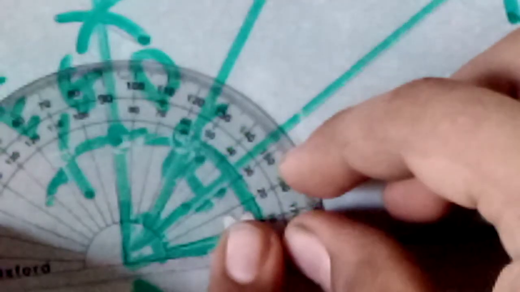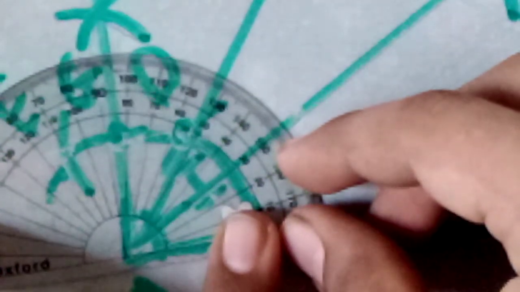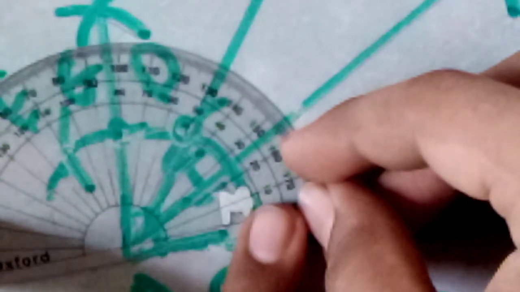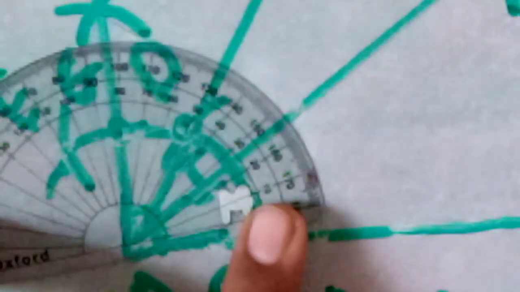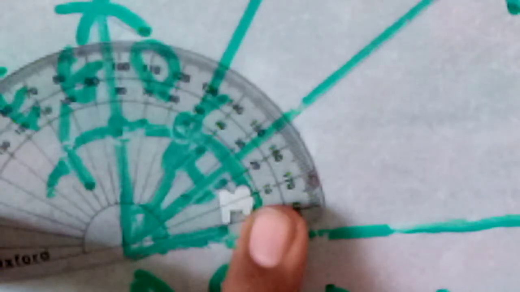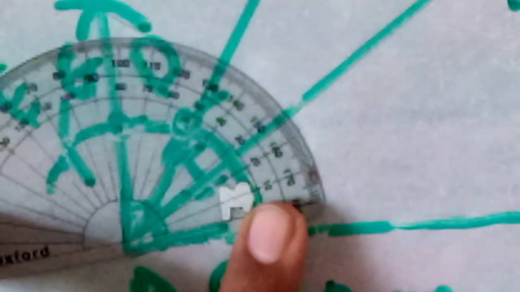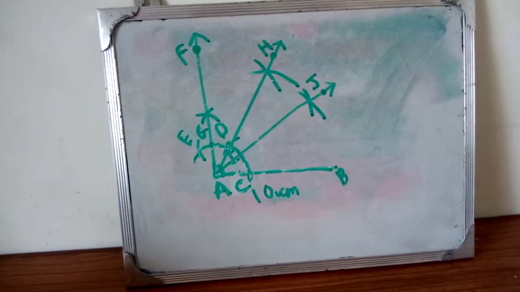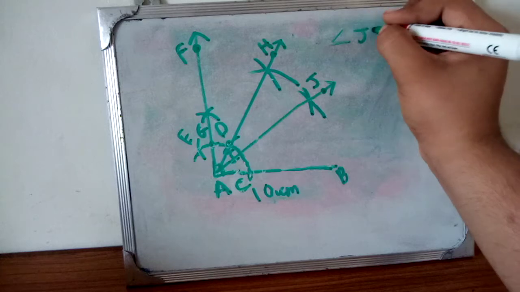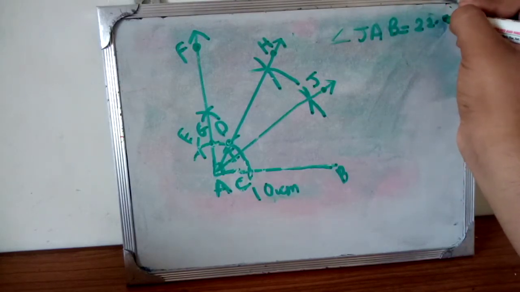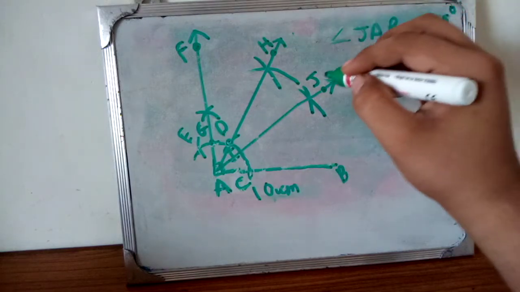We want 22.5 degree. Yes, as you can see, this angle is of 22.5 degree. So angle JAB is equal to 22.5 degree.